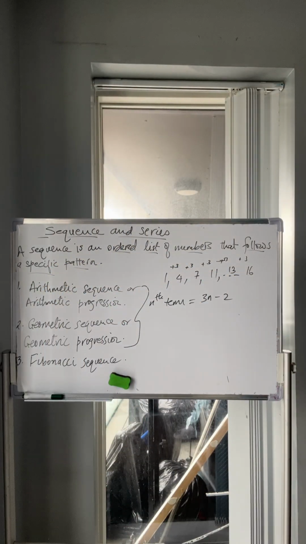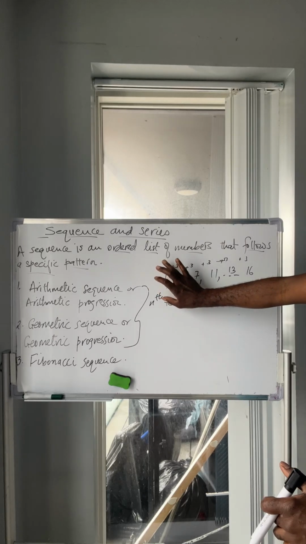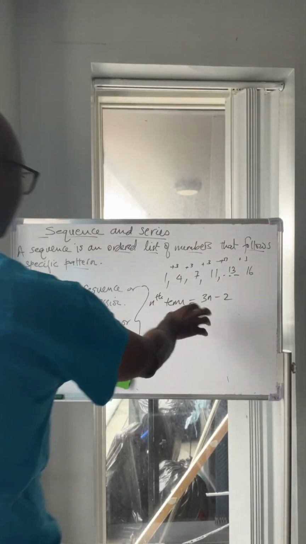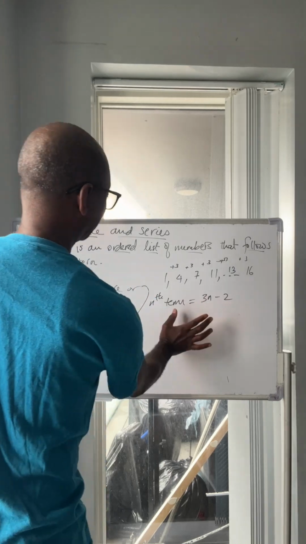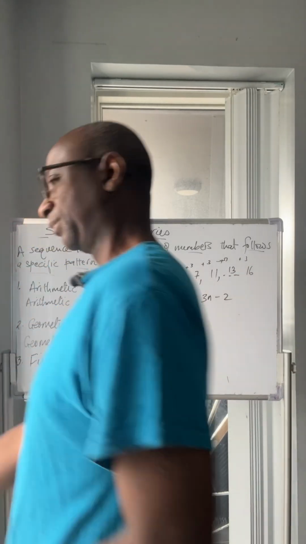So now, suppose we are not given these numbers. Now we want to generalize. This nth term is specific for this list of numbers.